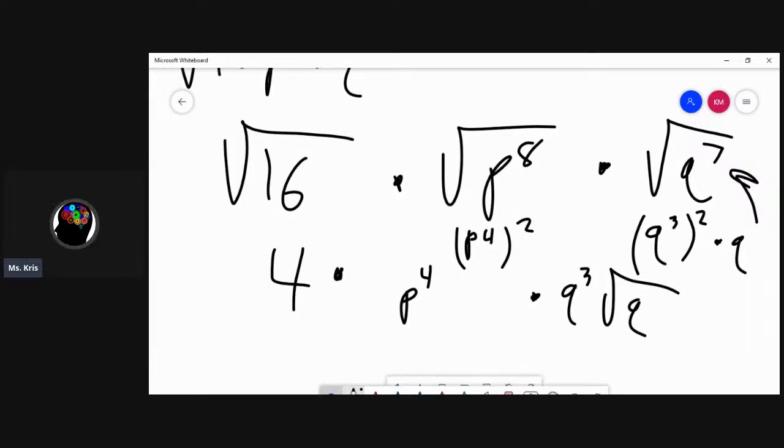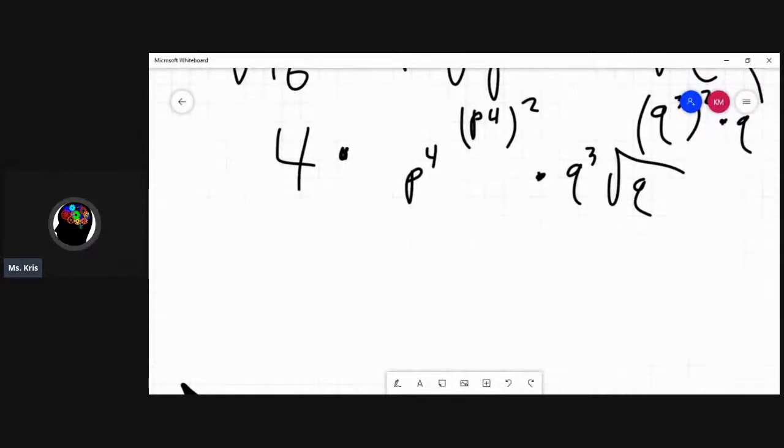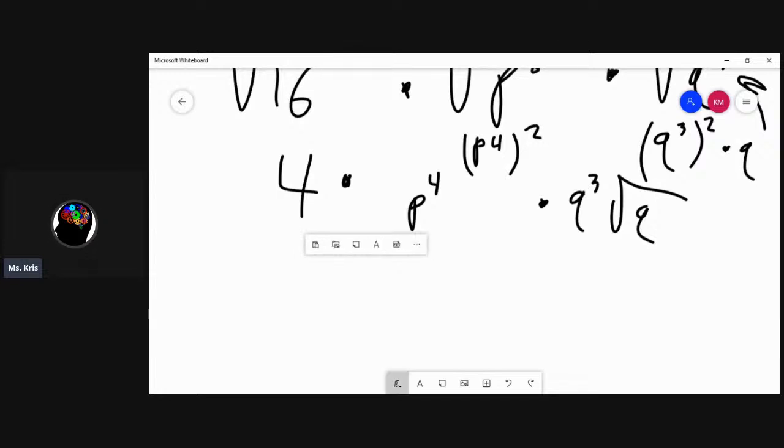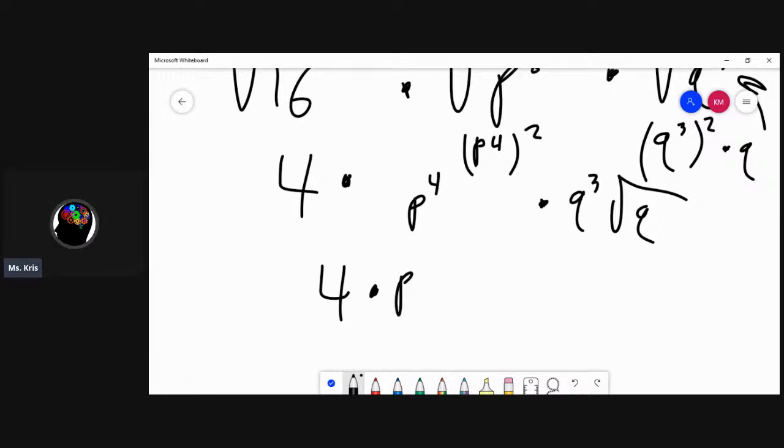Once I find all my answers, I multiply my terms back together to give me 4 times p to the fourth times q to the third and the square root of q. And that is my final answer.